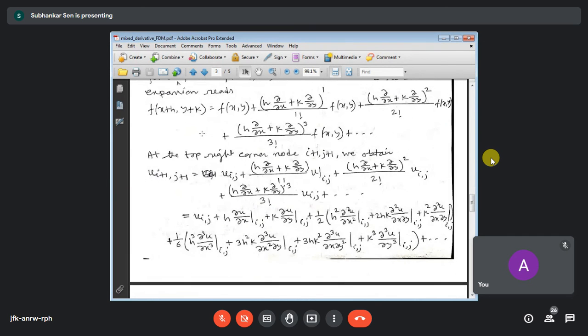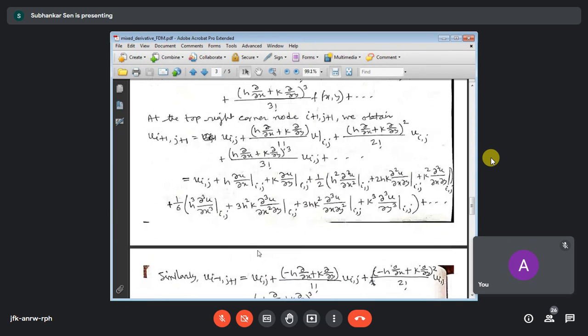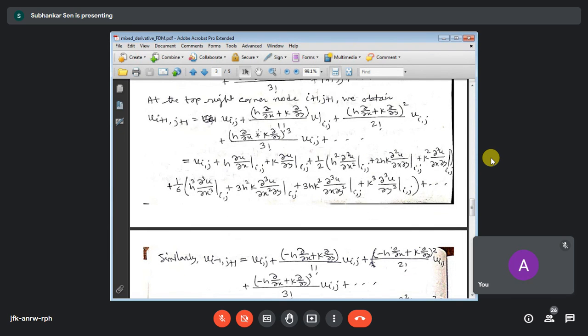So if you use this as a reference formula for all cases, wherever h is positive, simply substitute h by minus h and you get the next formula. So in this case, what is happening? u(i-1, j+1) equals u_ij plus, because of this minus, h will be minus h.